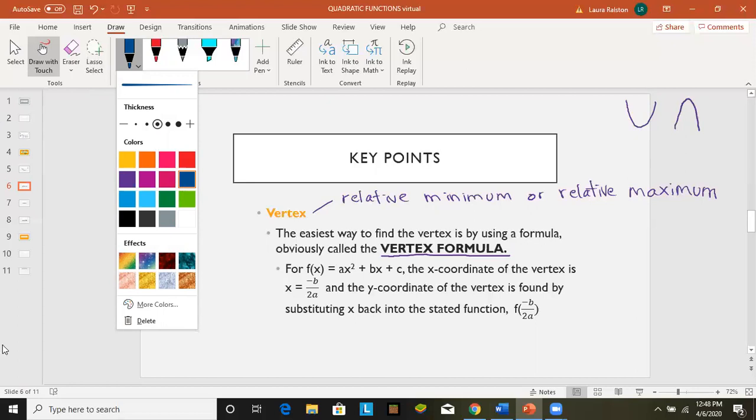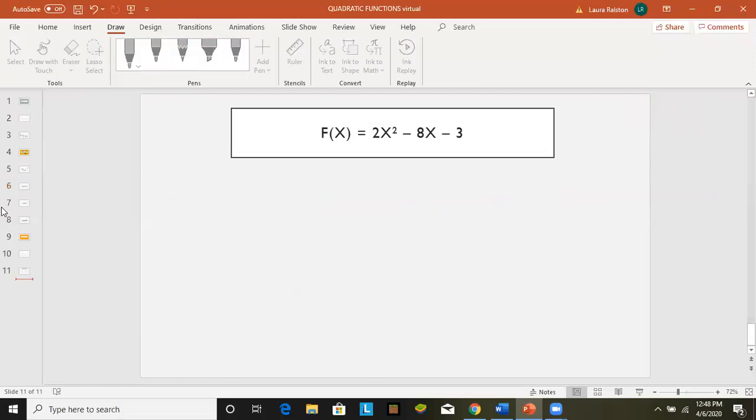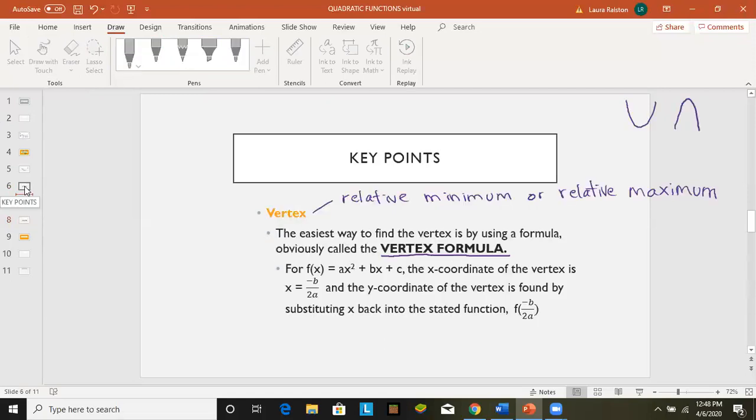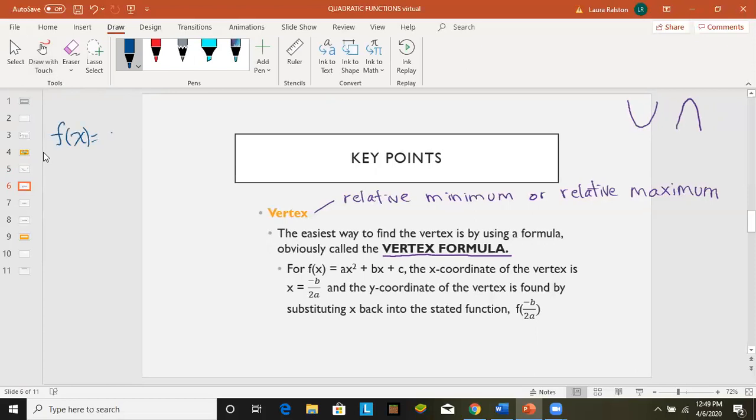Okay, so if you have your equation f of x equals ax squared plus bx plus c, that's your quadratic equation in standard form.